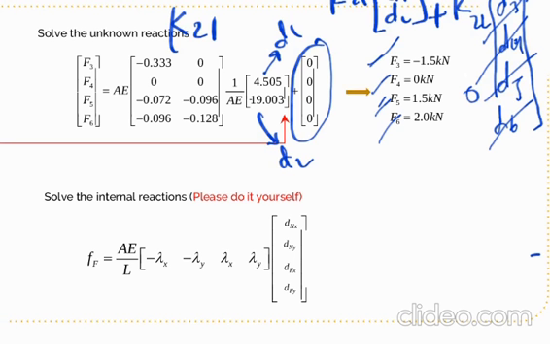Now the last part is how we can find the internal reactions.